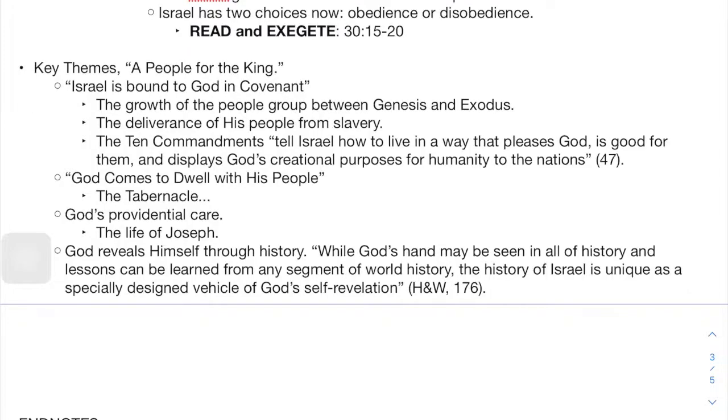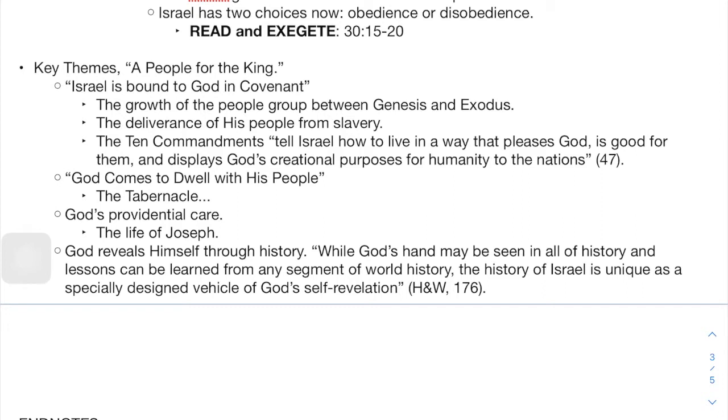The last thing I would say, and this is really something that I'm taking from another textbook on the Old Testament called the Old Testament Survey, a survey of the Old Testament by Hill and Walton, is the idea that one of the themes that we see here is that God reveals himself through history.